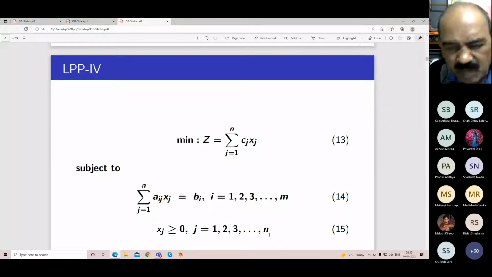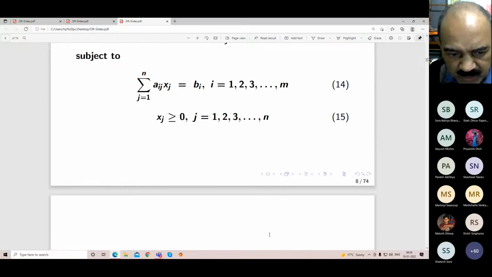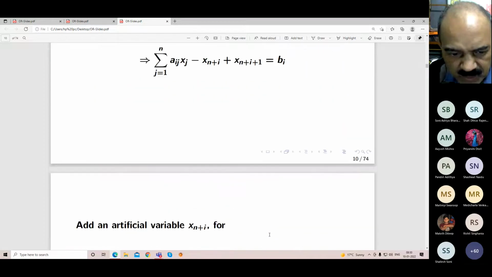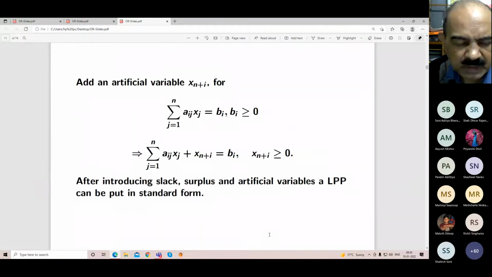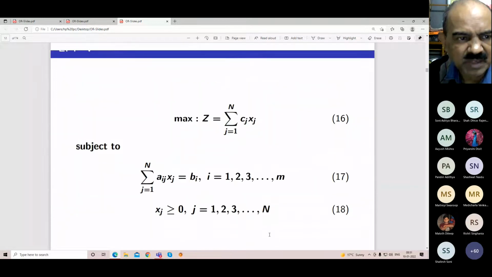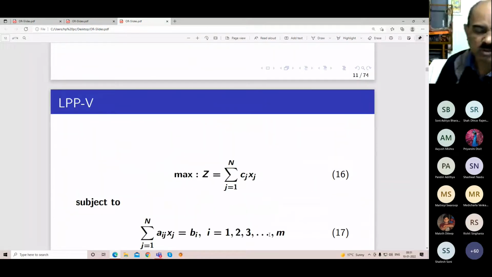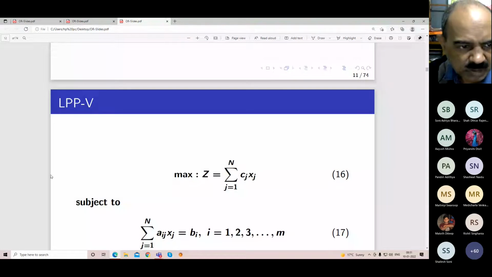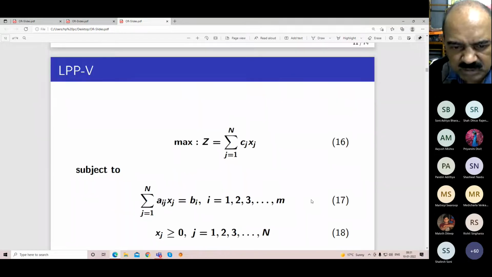But if you solve a system, what is the guarantee that this solution is non-negative? There is no guarantee. But here we were imposing this extra restriction, that all the decision variables have to be non-negative. So after introducing slack, surplus, artificial variables, now our problem we are naming as the LPP model B. Either it looks in this form, you see here.